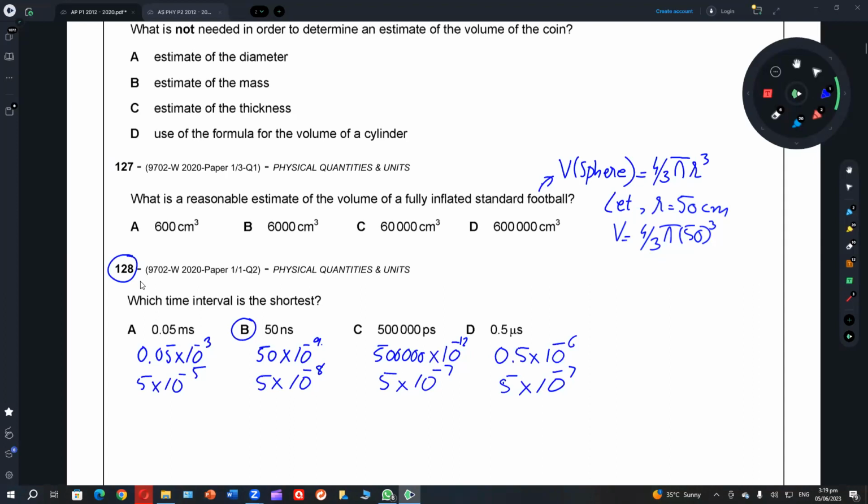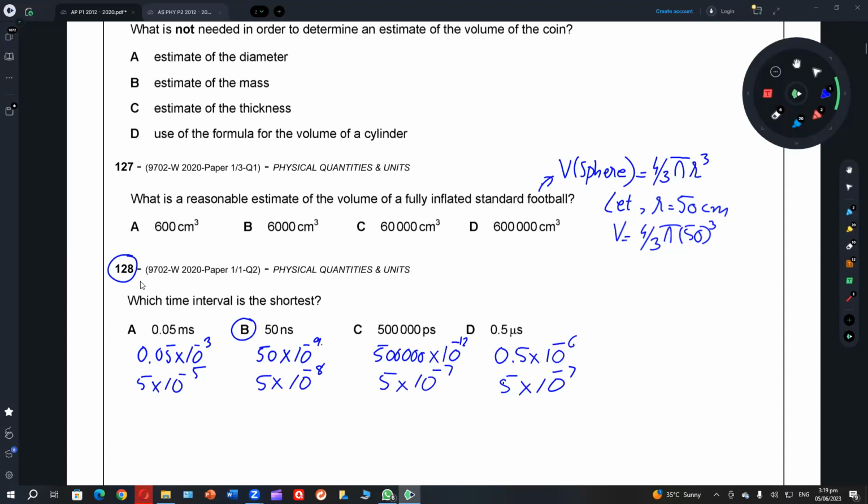Now, which will be the closest? D is still the closest. Yes. So maybe we are imagining it wrong, because 600,000 cm cube means 600,000 milliliter. So that looks to be very big.